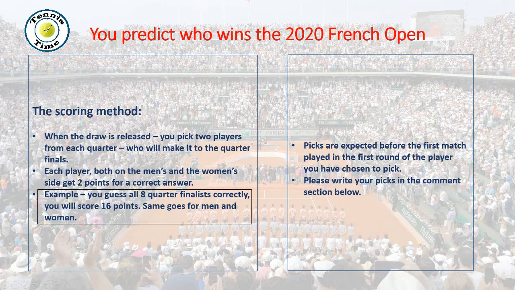So if you guessed all 8 quarterfinalists correctly, that would get you 16 points. I would expect you to make your picks before the player you pick plays the first round, and you can write your picks into the comment section below.